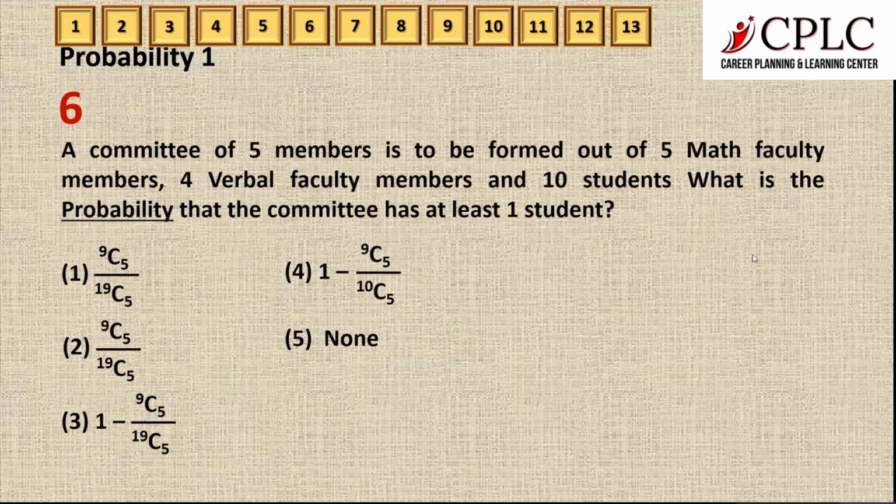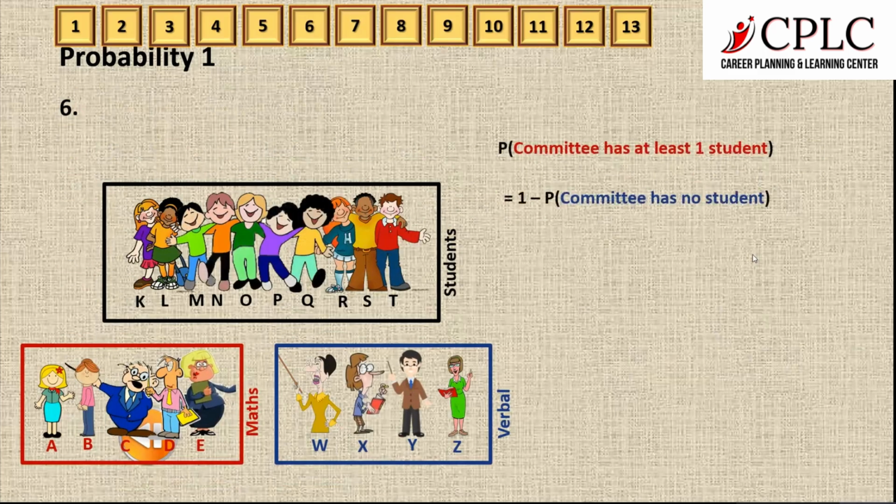Moving to the next question. A committee of 5 members is to be formed out of 5 math faculty, 4 verbal, 10 students. What is the probability that the committee has at least one student? Now, it is a committee having at least one student, so let's take it in a complement way. Complement means we will take the opposite of what is asked. So it is going to be 1 minus the probability that the committee has no students.